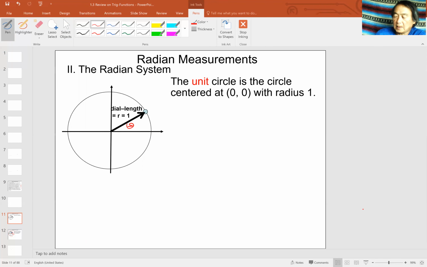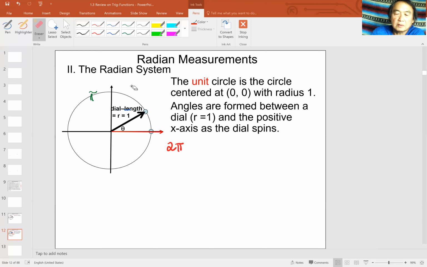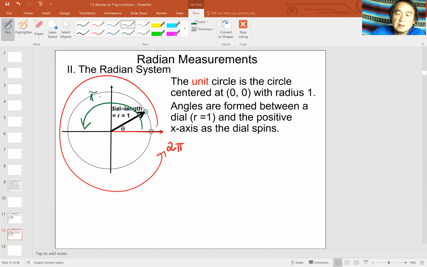Okay, let me go through one more time. So 1 round is 2 pi, half a round is pi, a quarter round is pi over 2. If I put in directions, going in the opposite direction, that is clockwise, is negative.